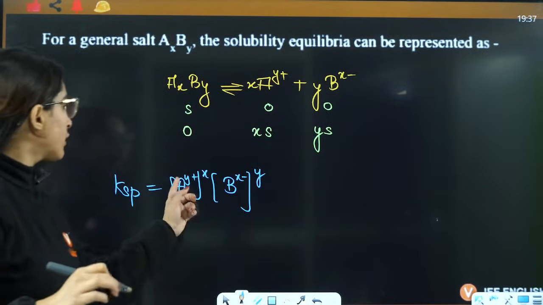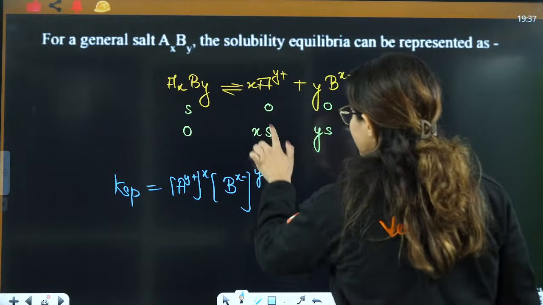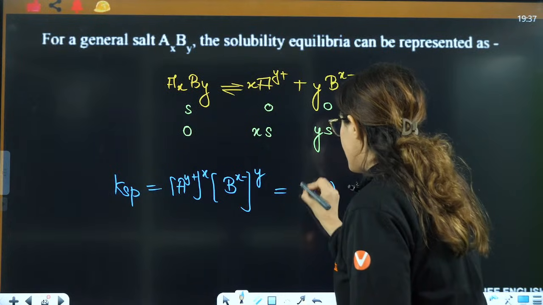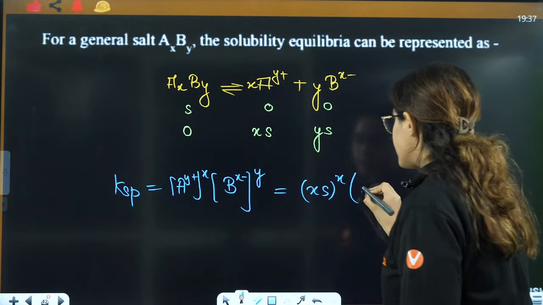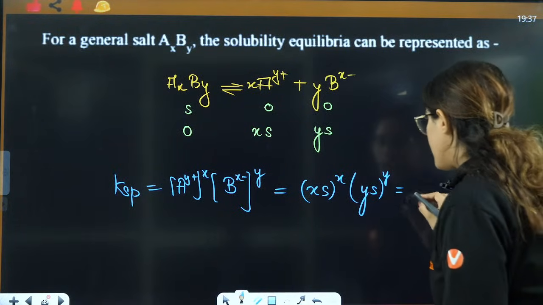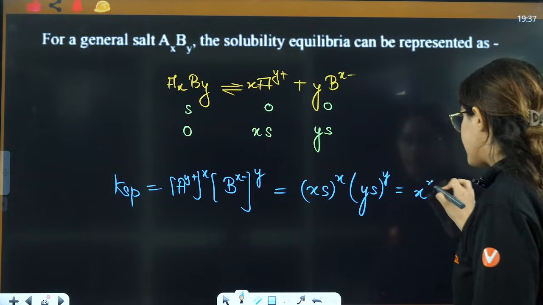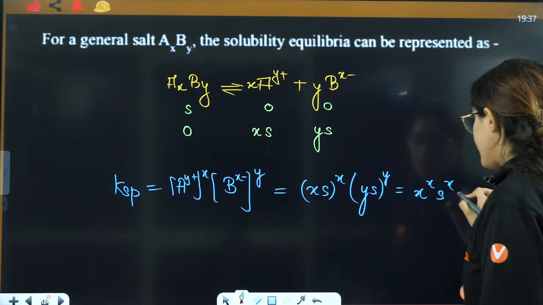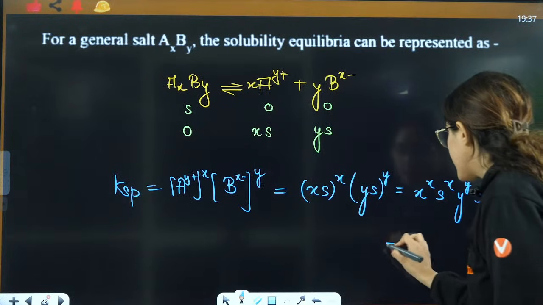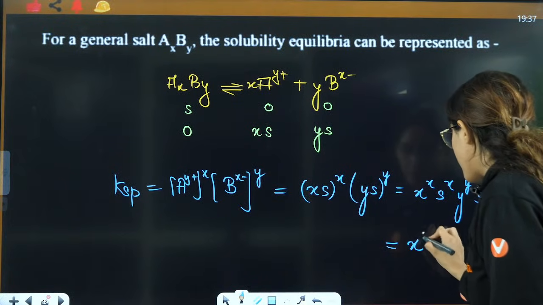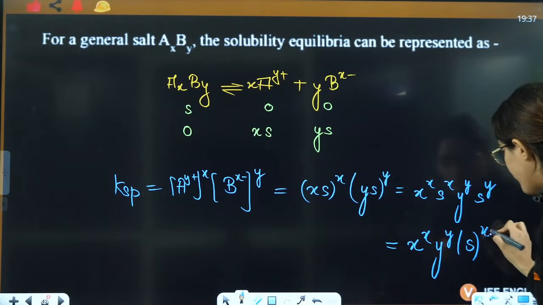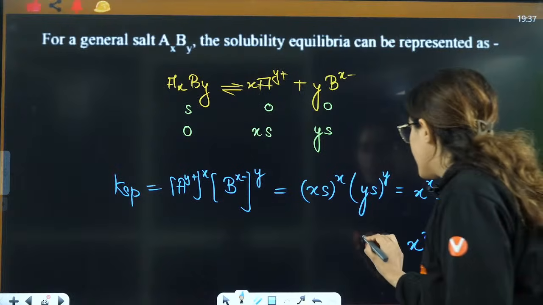Now A_y positive concentration is x into S raised to power x, and this is y into S raised to power y. So this will become x raised to power x, y raised to power y, solubility of x plus y, right?